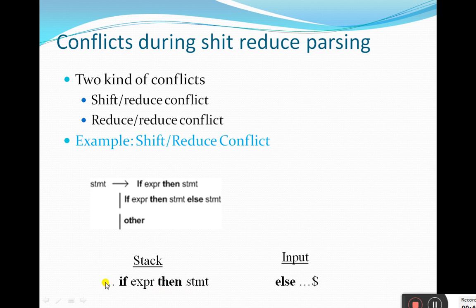We don't bother about what is below this handle. We have a handle on the top of the stack, because if EXPR then statement matches the body of this production. The next token in the input is else, there are some other inputs, and finally we have a dollar sign.